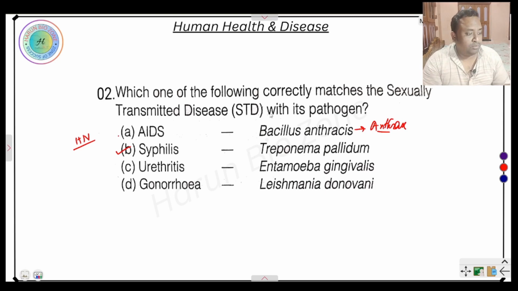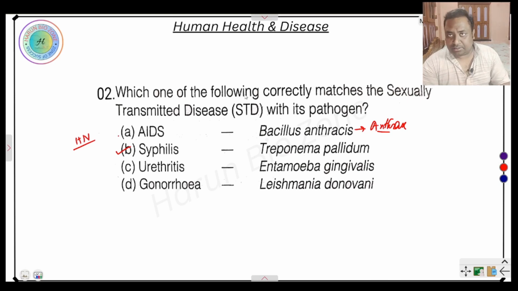What are the symptoms of anthrax? Anthrax actually infects the upper gastrointestinal tract, lungs, respiratory system and the bronchial system. Clear? Here the symptoms are like throat and esophagus mainly infected.